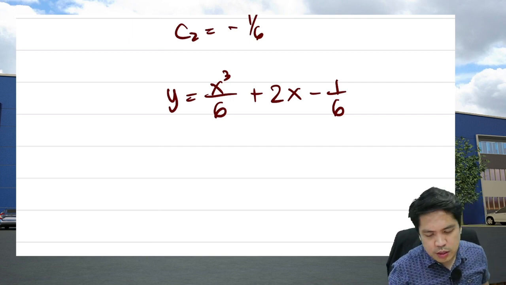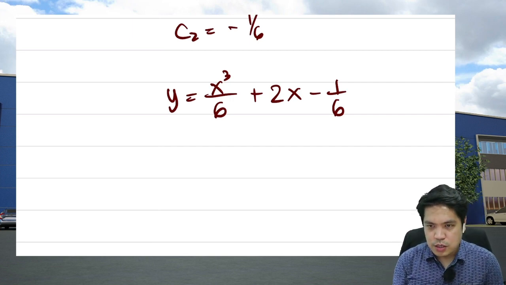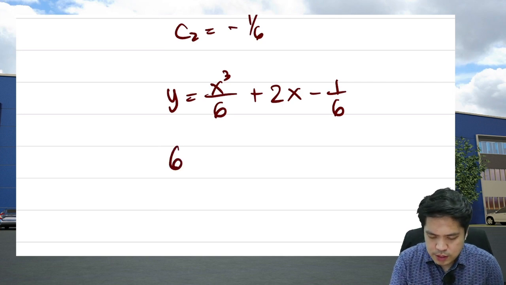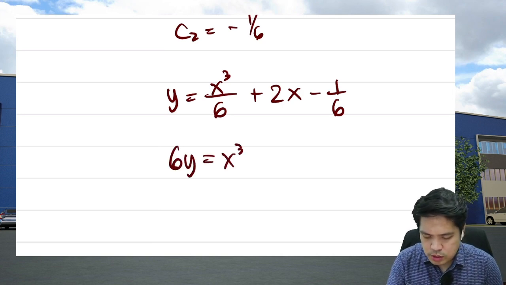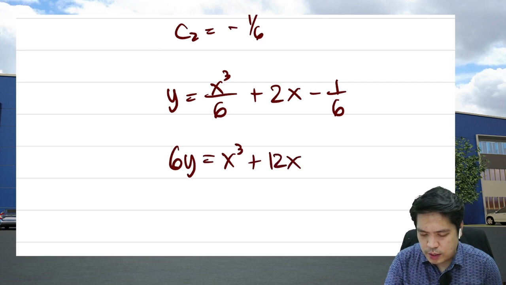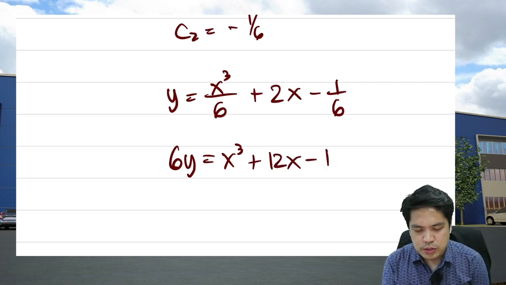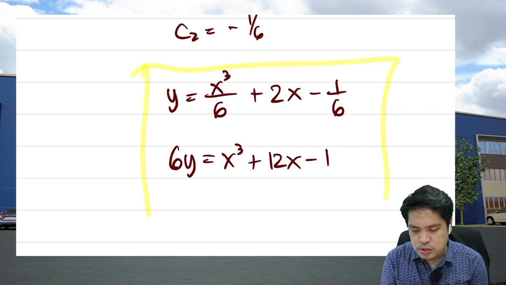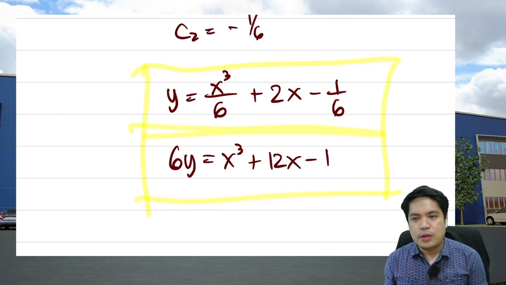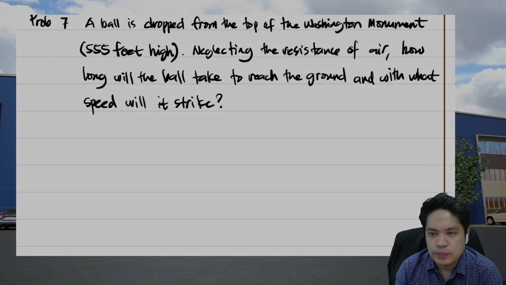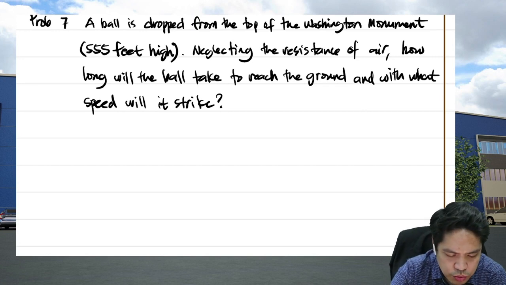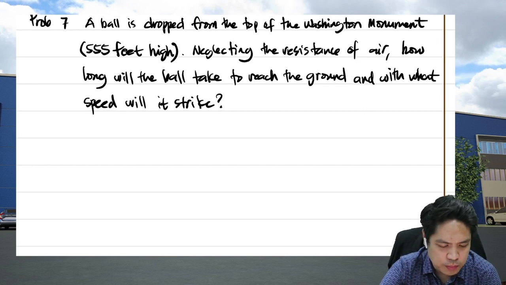Pwede, pwede din di na. So, we could have this as our answer, or we could have 6y equal to x cubed plus 12x minus 1 to be our answer. So, these are our answer. Ganun lang siya kadali. Okay, now let's proceed to this next problem.